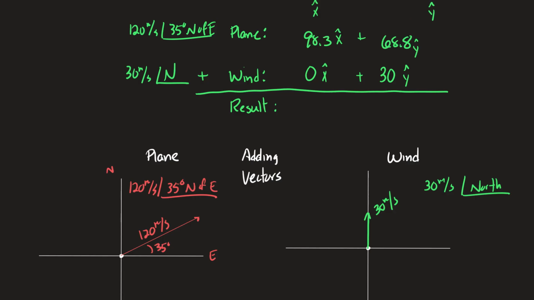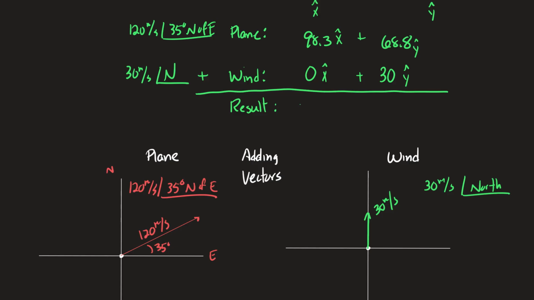So it was 120 sine 35 to get the y direction and 120 cosine 35 to get the x direction. I now have how fast the plane was flying in the x direction and how fast the plane was flying in the y direction. So we have converted everything to rectangular. Step 2, add. And you've lined things up in these columns, so you just add straight down the column.